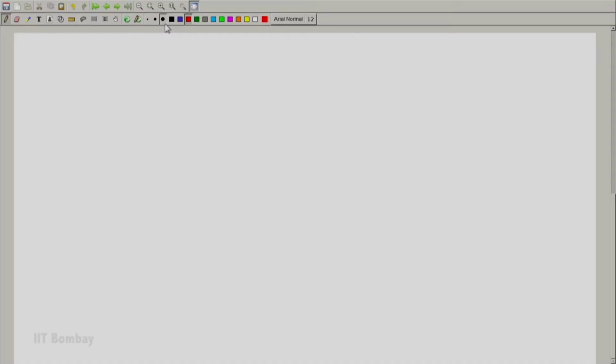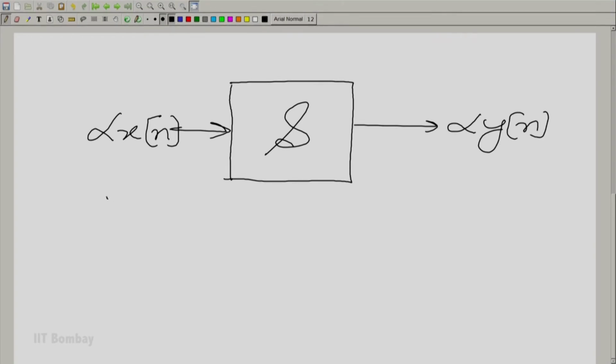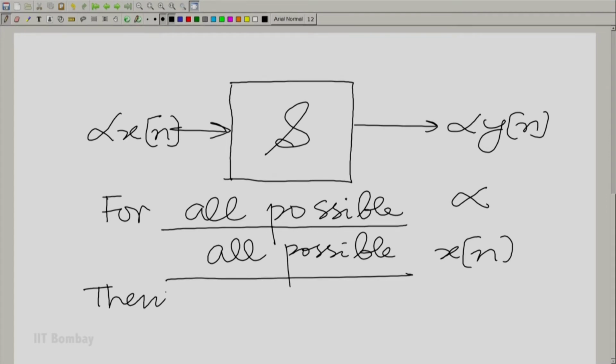Now, remember that we have also allowed complex alpha with good purpose. Well, in case alpha times x of n also produces alpha times y of n, and this happens for all possible alpha, this is very important, for all possible alpha and for all possible x of n, then we say the system is homogeneous.